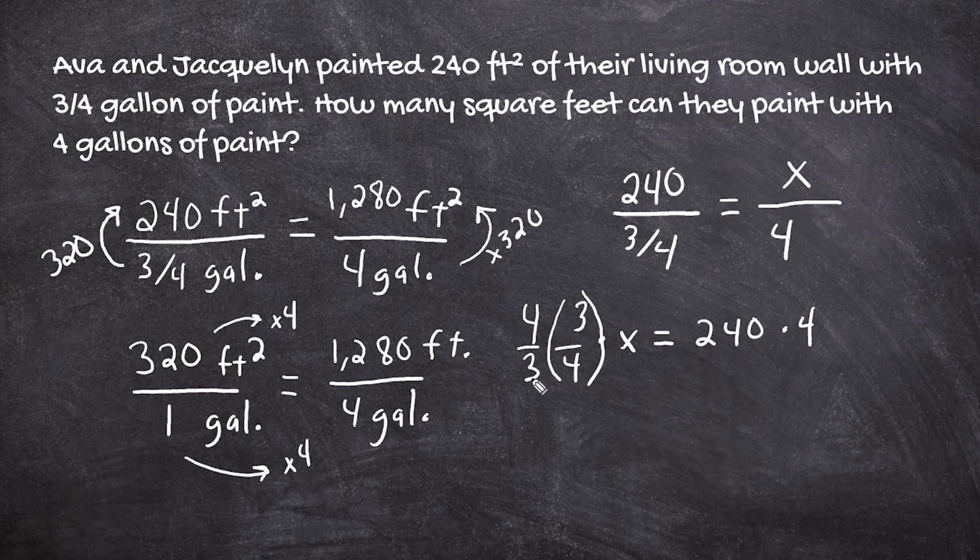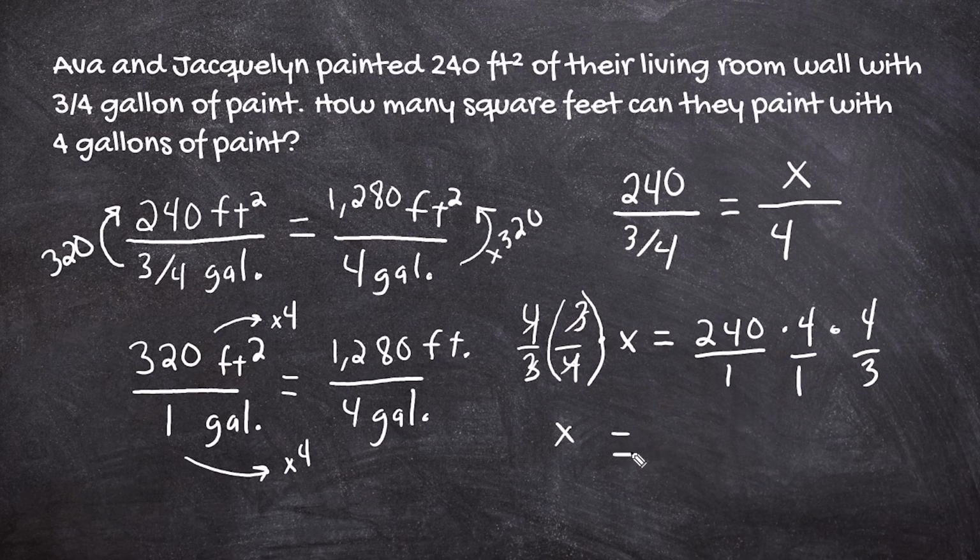Now, the reason that I'm doing this is because everything ends up canceling out, turning into the number 1, leaving us with 1x on this side. Now, whatever you do on one side, you do on the other side. So I'm going to take everything on this side and multiply it by 4/3. And then I'm going to end up just turning these into fractions.